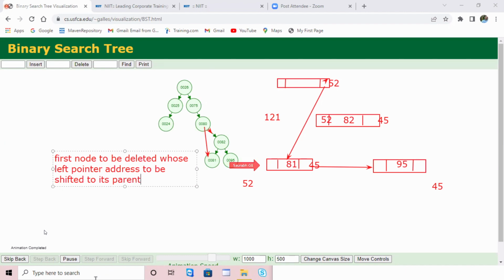Step 1 is coming with this. Whichever node I want to delete, whose left pointer address, that means 52, I will shift it into its parent, that is 80.